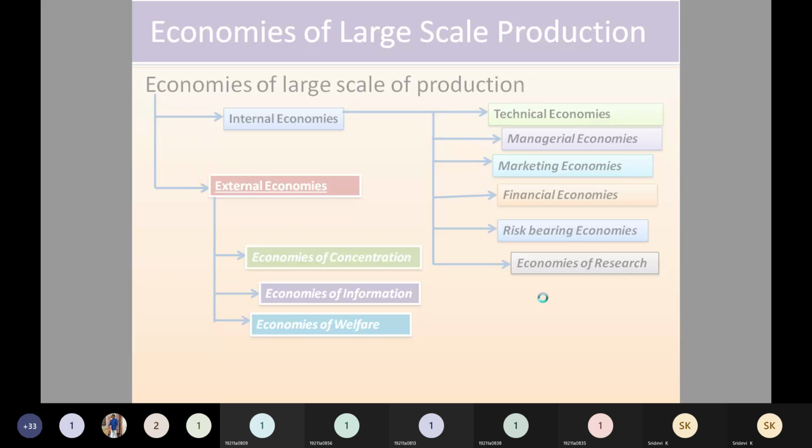So cost per unit will increase, which ultimately leads to a decrease in your profits.